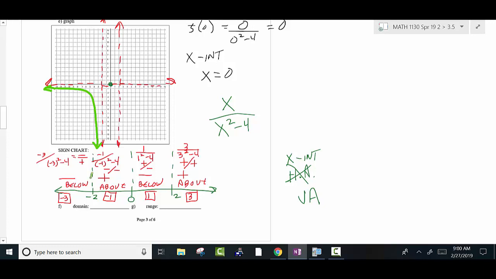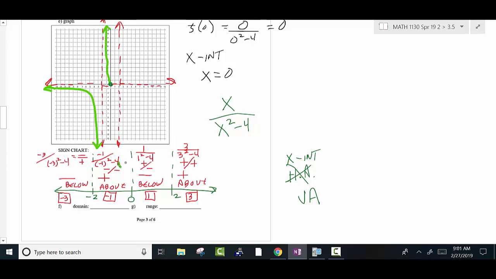The next part is between -2 and 0, you're above. So that's this little region here. The graph's always going to be above, so it's going to approach the vertical asymptote and go to infinity. Make sure it doesn't touch the vertical asymptote, but just show that it's getting close to it.